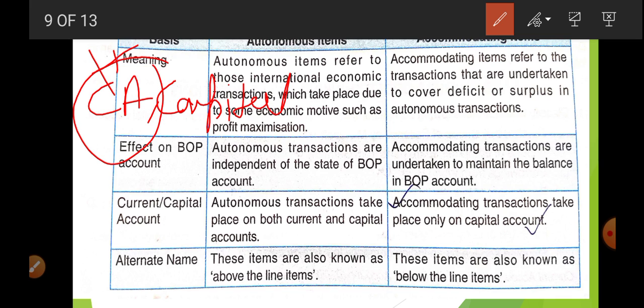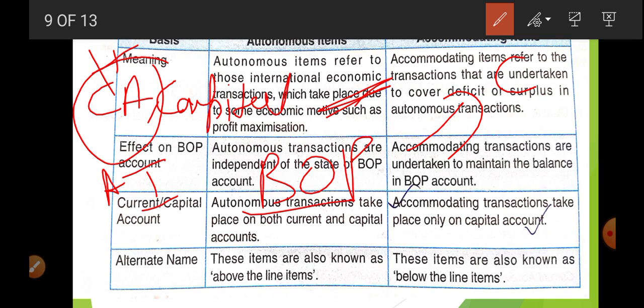Whatever transactions are done in the capital account are part of autonomous items. Whatever transaction is done just to maintain the balance of payments is considered an accommodating item. So first we record the current account in the A part, then in the B part we record the capital account.